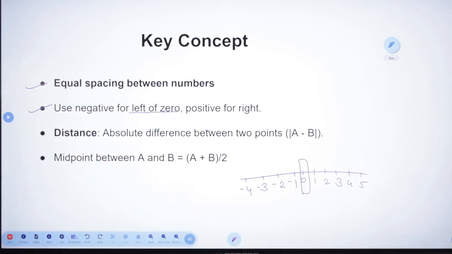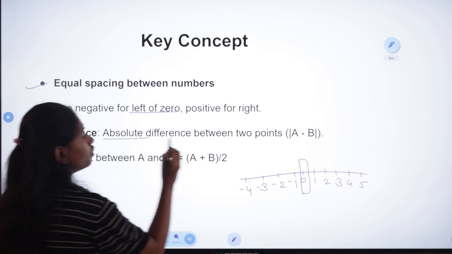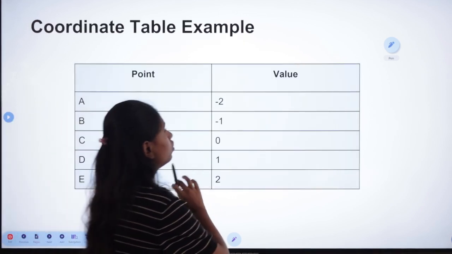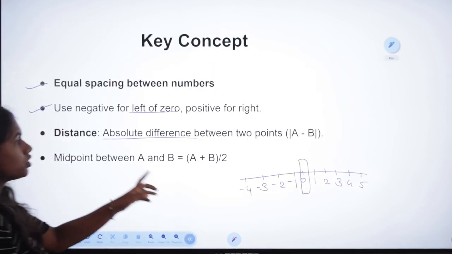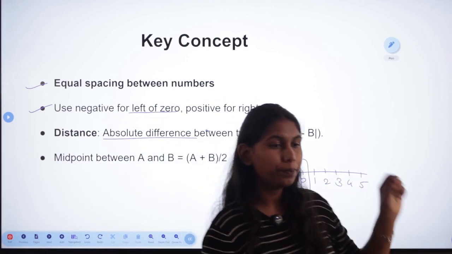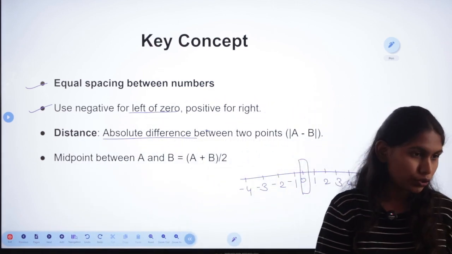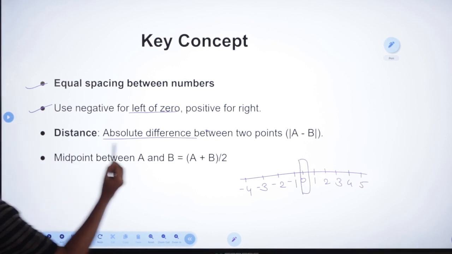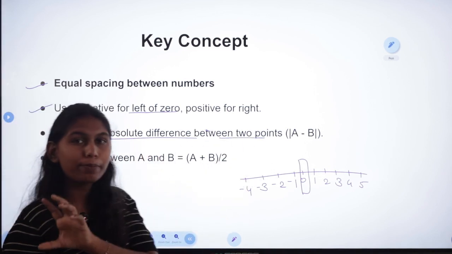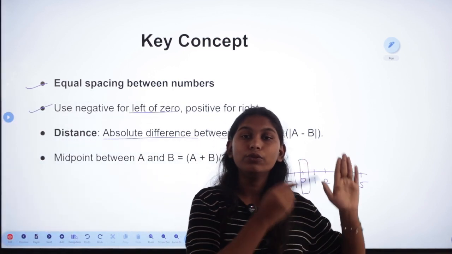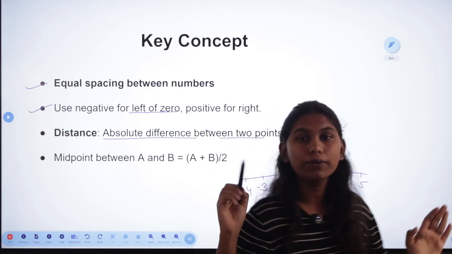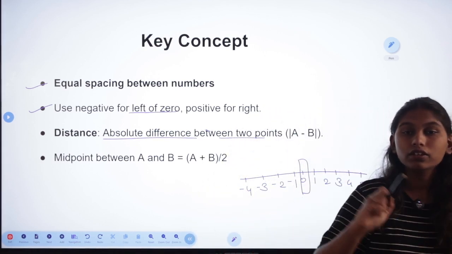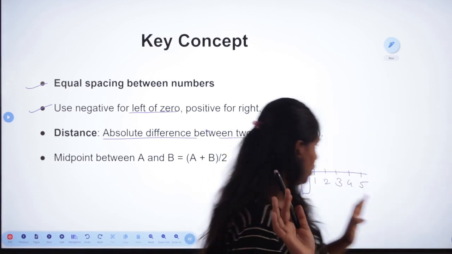Okay. Then next, distance, the absolute difference between 2 points. The absolute difference between 2 points A and B will always be positive. Now what is meant by absolute? If the value is negative, then you have to write it positive only.